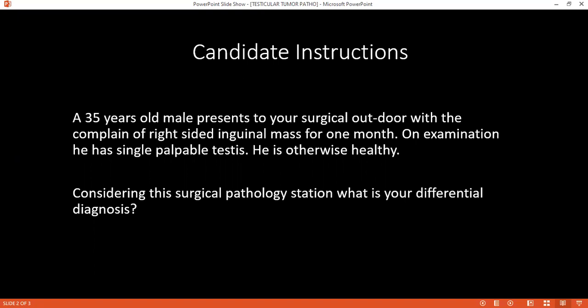Since this patient has only one single testis palpable, why did you think of lymphoma as your first diagnosis? Because there is a swelling in the inguinal region, an inguinal mass, so I first said lymphoma maybe.